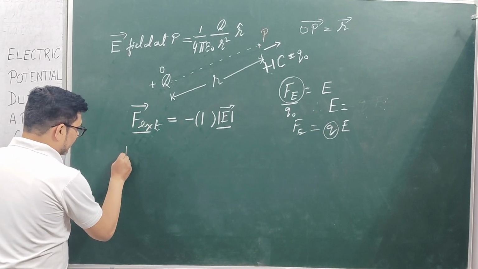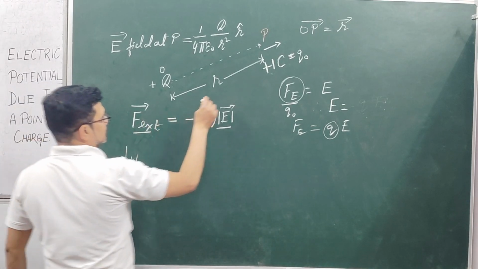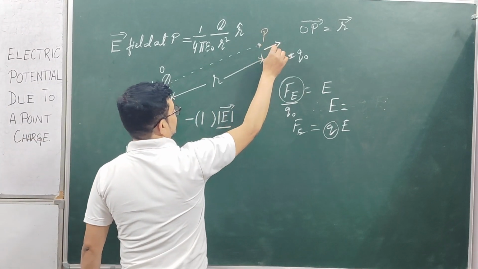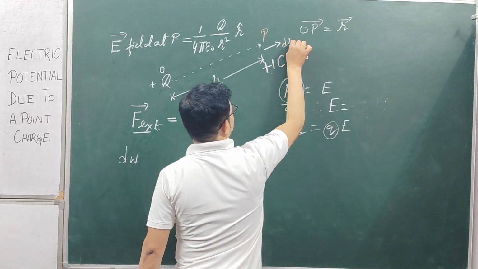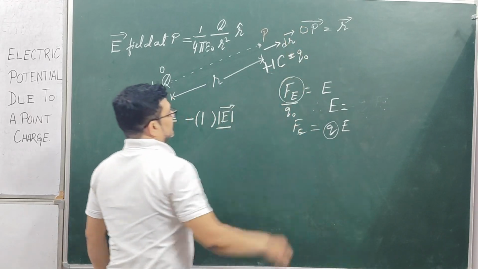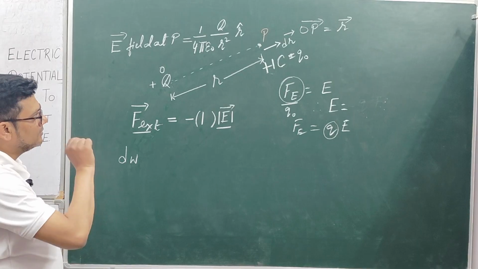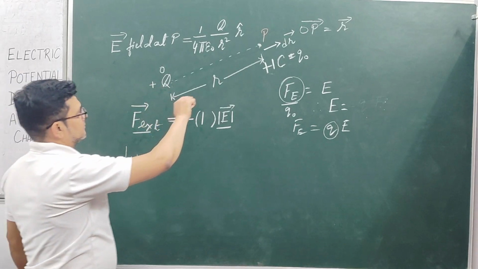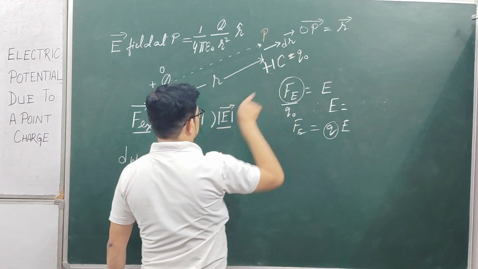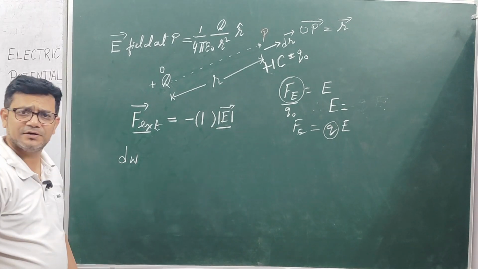Now if you want to find the work done by the electrostatic field, suppose we take an infinitesimally small displacement dr, radially outward, in the direction where the electric field is pointing.